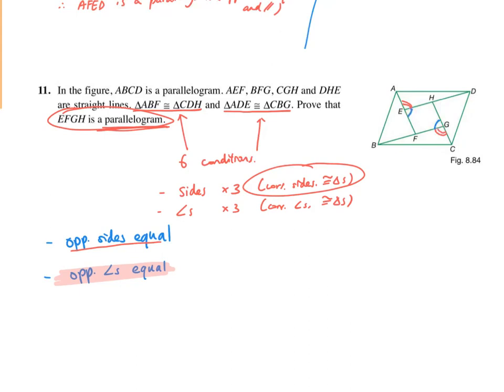And then you can claim that the two blue angles are the same. Similarly, you also have AFB equals to CHD, which are corresponding angles, congruent triangles. And then adjacent angles on straight line, adjacent angles on straight line, you can claim the other two angles being the same. So you have opposite angles equal.